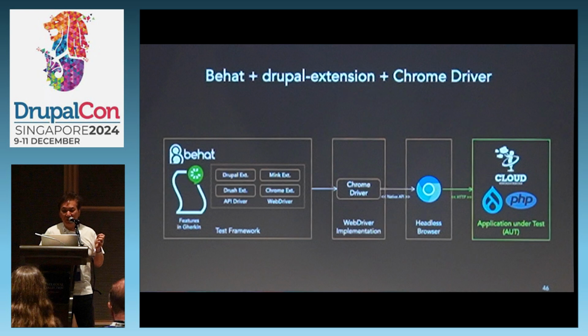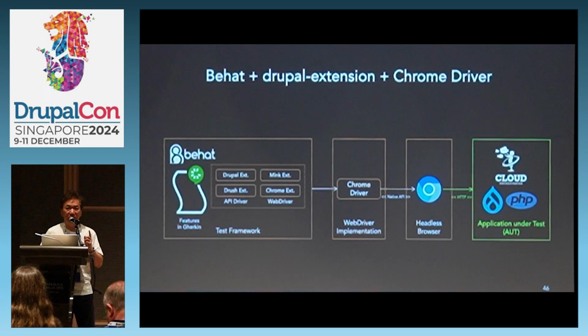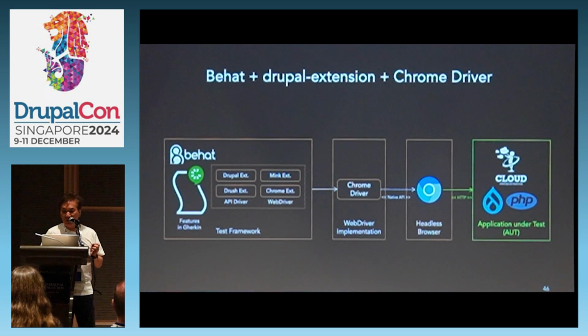And then this virtual browser accesses the actual website for AUT, application under test site. In our case, we are developing Cloud Orchestrator, so we want to test our live Cloud Orchestrator site by Behat command with Chromium headless browser.